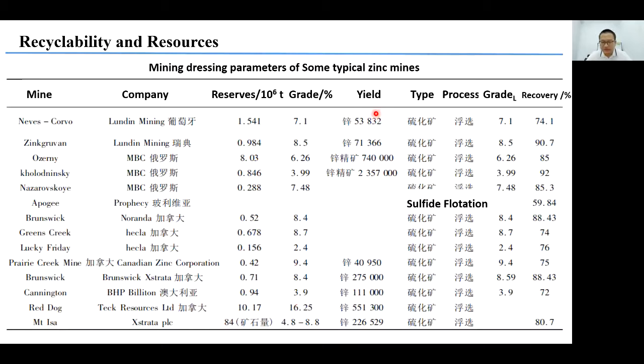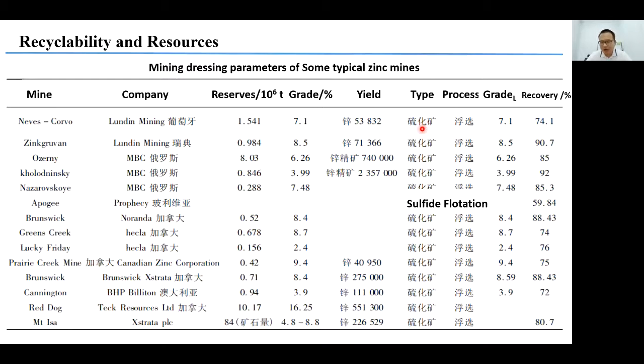And the yield of zinc was around 53,000 tons of zinc, and this is zinc concentrate. So this is more than 2 million tons of zinc concentrate, and the concentrate always contains around 40 to 50% of zinc. So this is around 1 million tons of zinc here, and all those famous zinc reserves are sulfides.